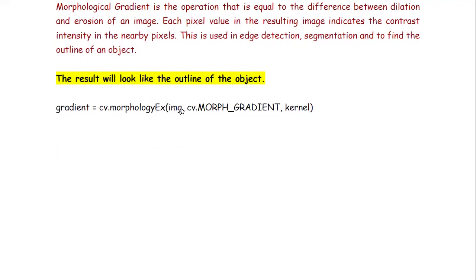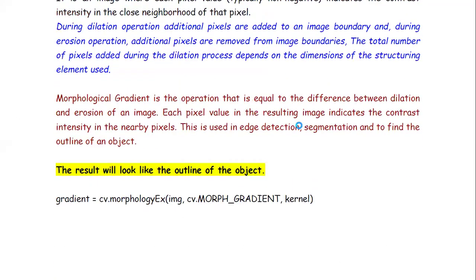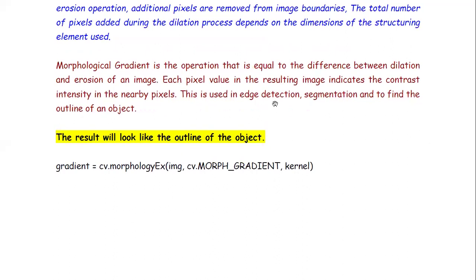Here, suppose img is the original image, comma, cv.MORPH_GRADIENT, comma, the kernel that we have defined, right? So gradient is assigned the value of cv.morphologyEx(img, cv.MORPH_GRADIENT, kernel). Now you have got what morphological gradient is, how this happens, and what function we have to use in Python to implement this.